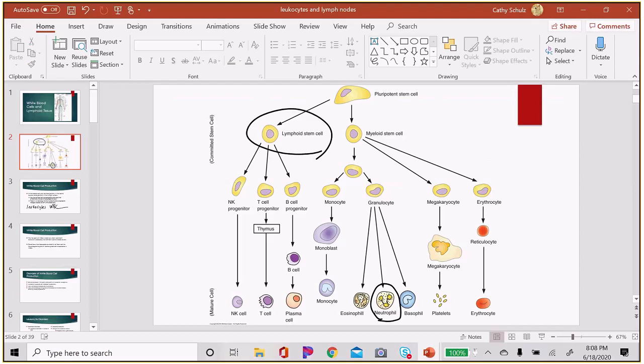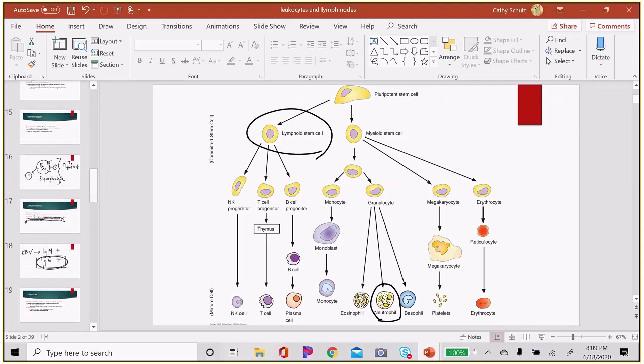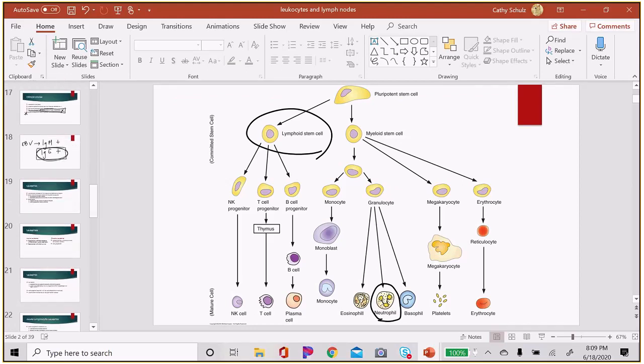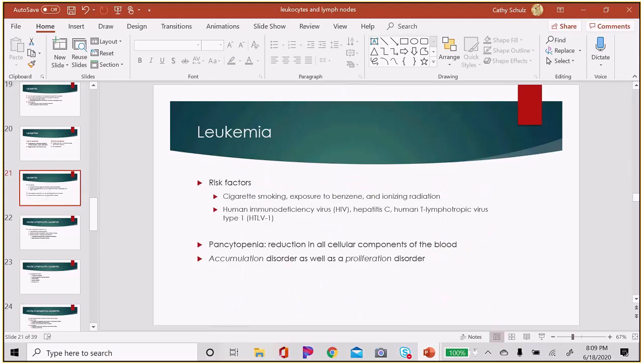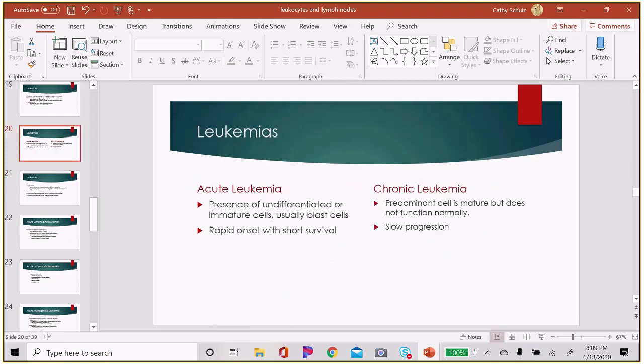It's a very undifferentiated, immature cell. That's the cell that's overgrowing. Rapid onset with short survival. In chronic, the cell will be more mature. It might be one of the progenitor cells that's overgrowing, and a slower progression. And people usually live longer with chronic leukemias.